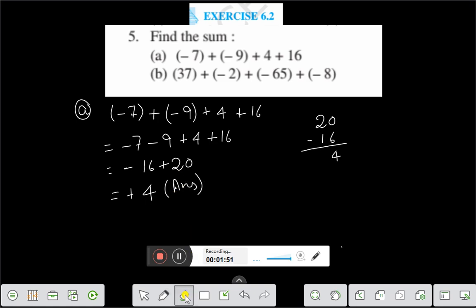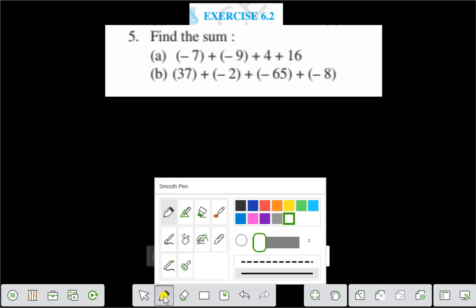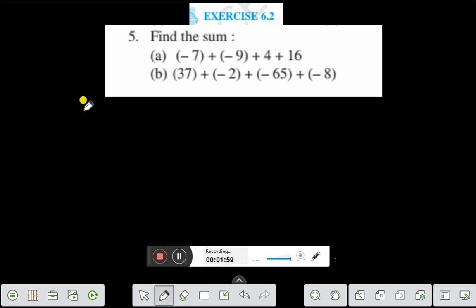Now we'll solve question number B. Question number B is 37 plus of minus 2 plus of minus 65 plus of minus 8, right?